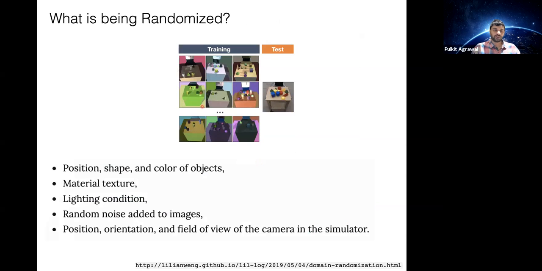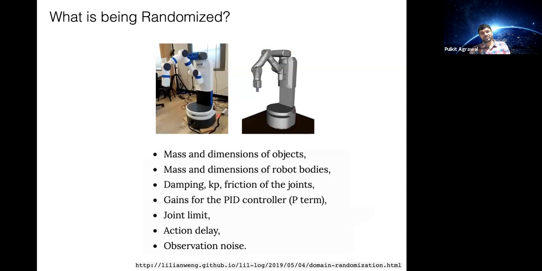So, for example, if I want to manipulate cubes, what is being varied over here is the position, shape, and color of objects, material texture, and lighting condition. We can also add random noise to images, change the field of view of the cameras, and so on. Or in another case, maybe I'm trying to get this robot to reach and pick up some items.